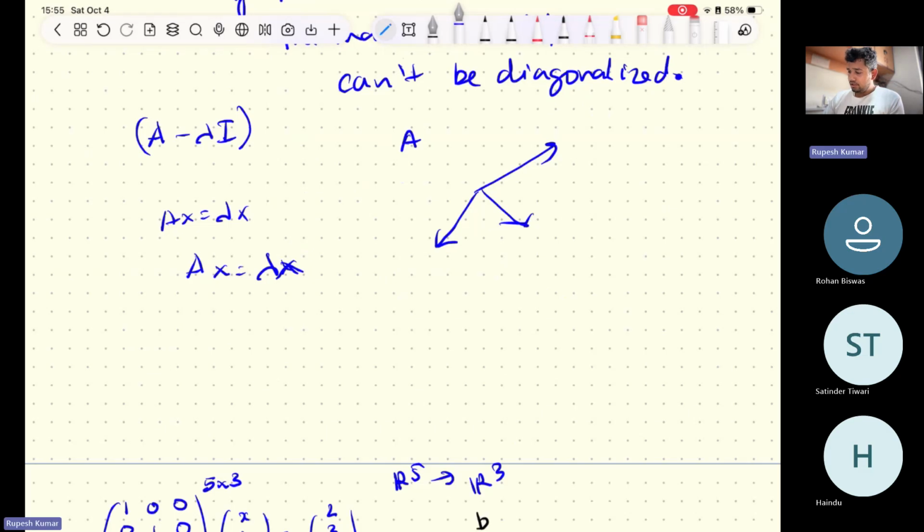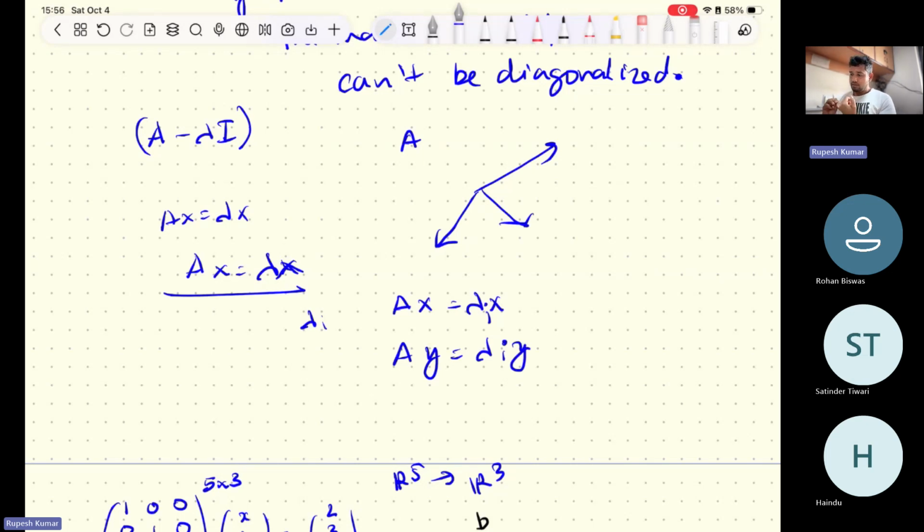Now, let's say matrix A has some eigenvectors, we don't know yet, and we just know this definition that Ax equals lambda x. Now let's choose one of the eigenvalues, and I'm saying Ax equals lambda I x, right? Now let's choose another vector y, which is not dependent on x, Ay equals lambda I y.